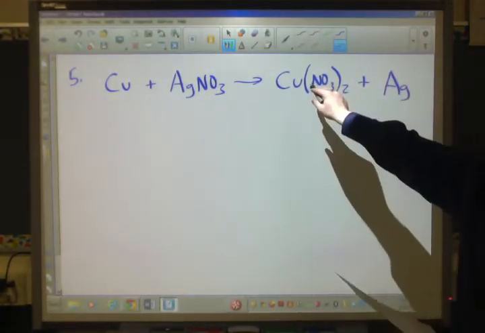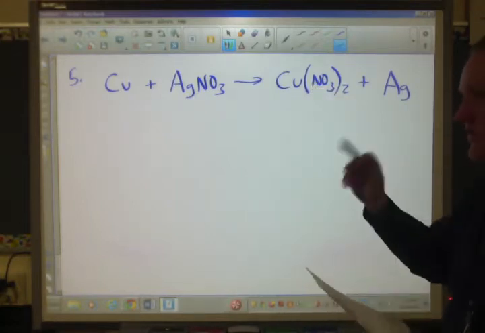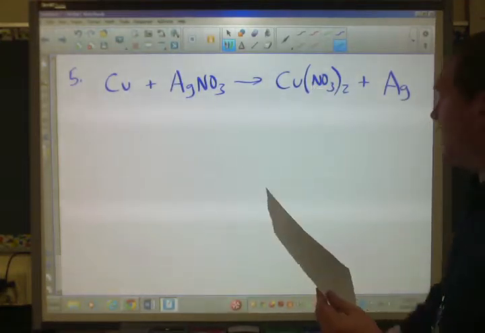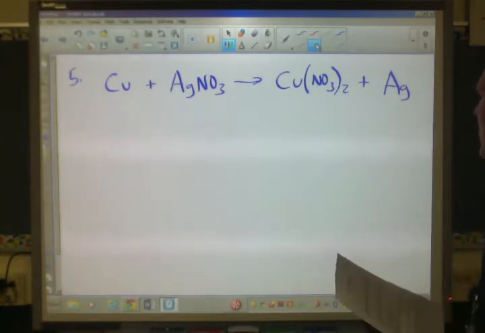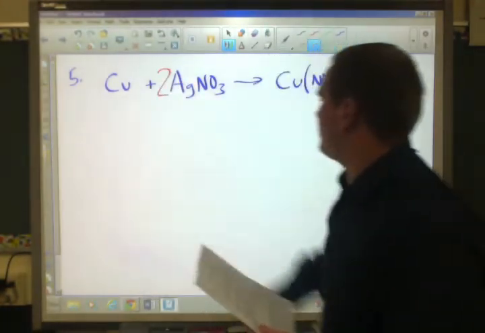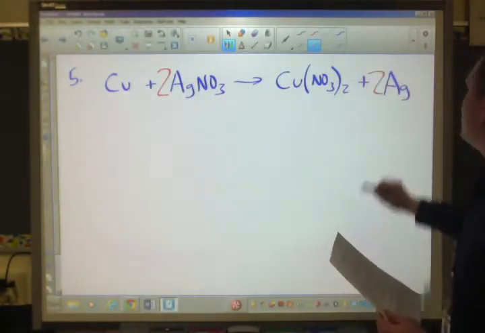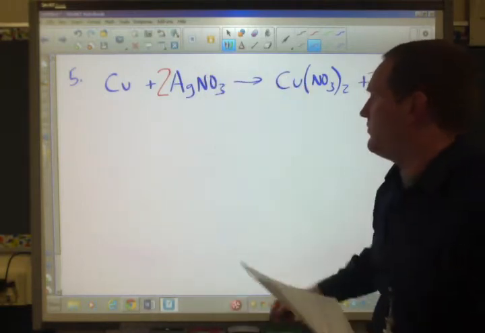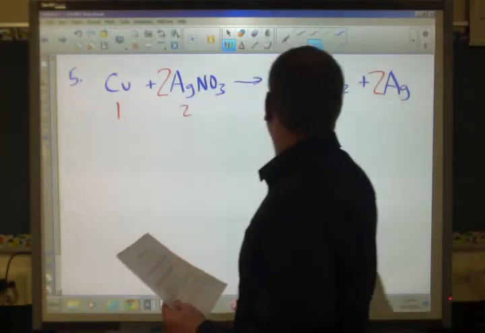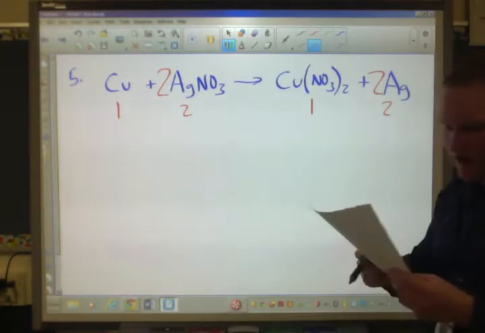Again, if you don't know why I wrote copper 2 nitrate like this, you're going to need to learn that. Balancing this equation now. 2 nitrates, 2 nitrates, 2 silvers, copper, copper, we're good. So my mole ratio is 1, 2, 1, and 2.